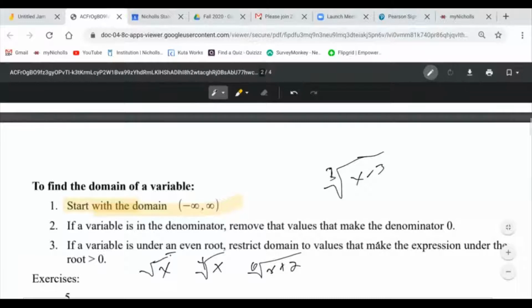Okay, so let's look at some examples here.